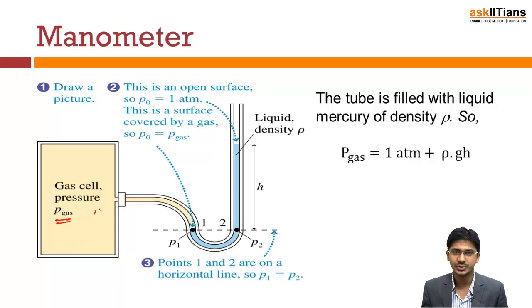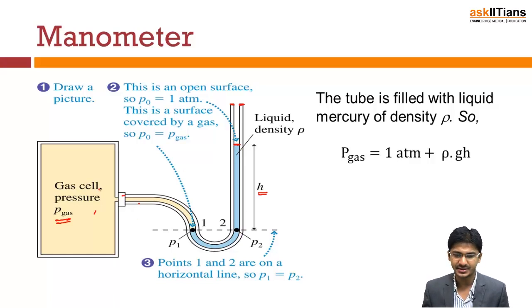What we do to measure the pressure of the gas is, we connect the mouth of this container with this tube. Now this tube has a depth h. When it comes to equilibrium, this tube has a liquid which has a height h above this level.